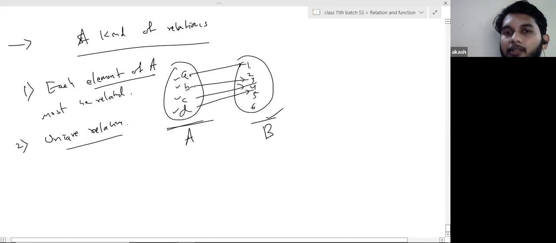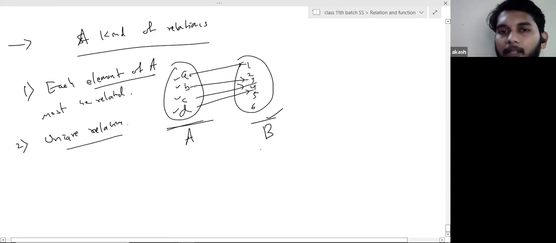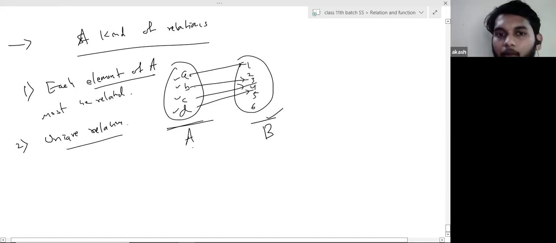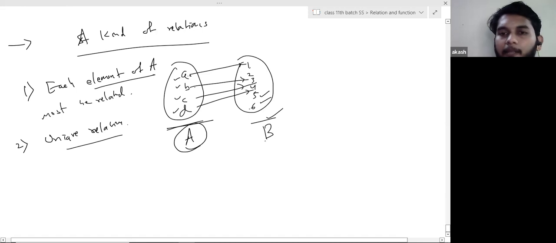B cannot have two relations with 2 or 3 or 4, and so on. It must have only one relation. Is it clear? Yes, sir. And see, all the conditions are on set A, not on B. There can be elements of B which may or may not have any relations.